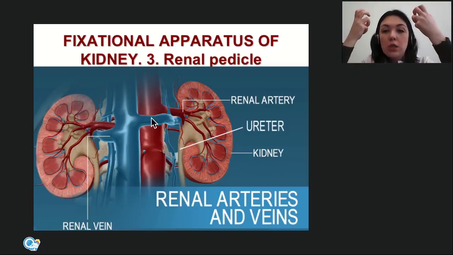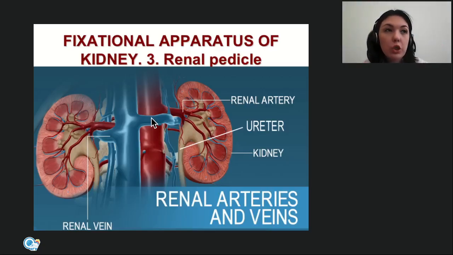So even in case of a descent, the kidney can descend only up to the length of the renal artery, not endlessly, because renal artery starts from the abdominal aorta and renal vein starts from the inferior vena cava. So that's why these structures also participate in the fixation of the kidney.